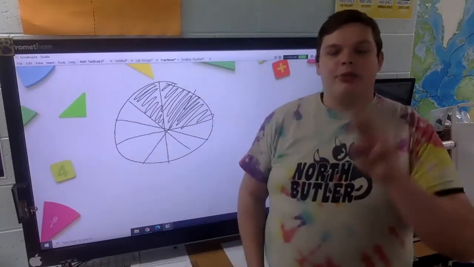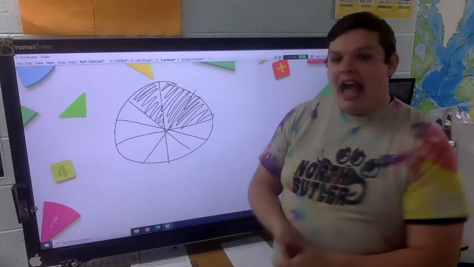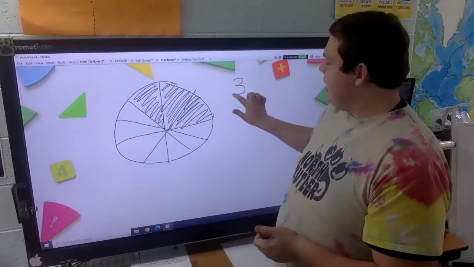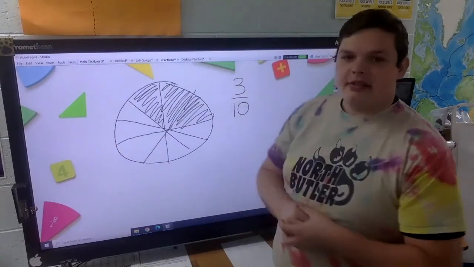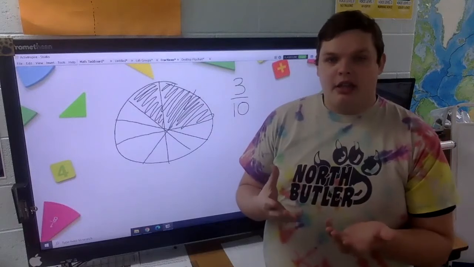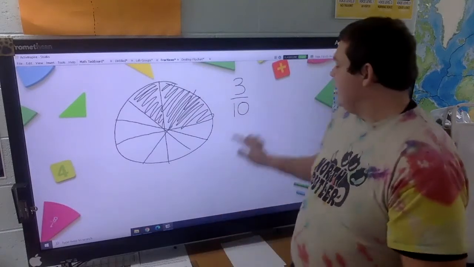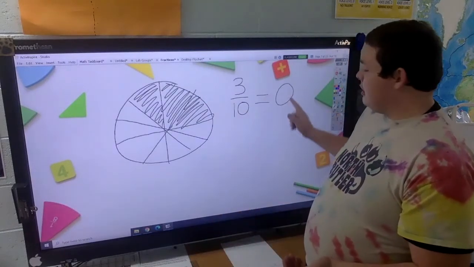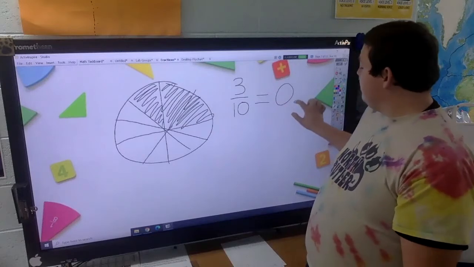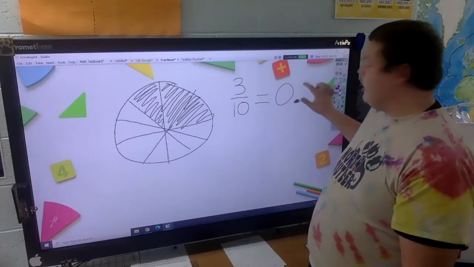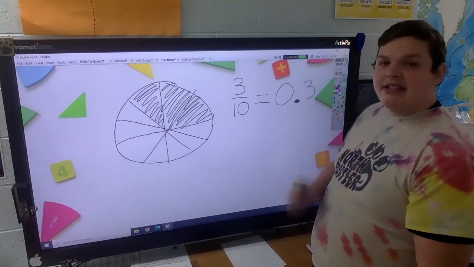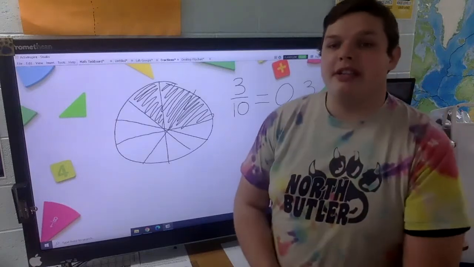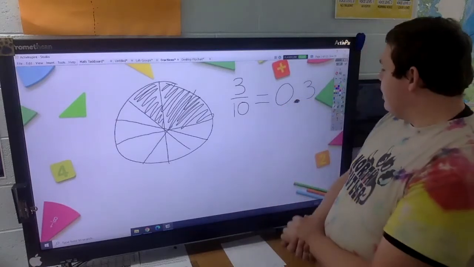When I have 3 of those pieces filled in, out of 10, my fraction would be 3/10. I don't have a whole yet, so my decimal would be 0, decimal point, 3, and that's the tenths place. That very first one is the tenths place.